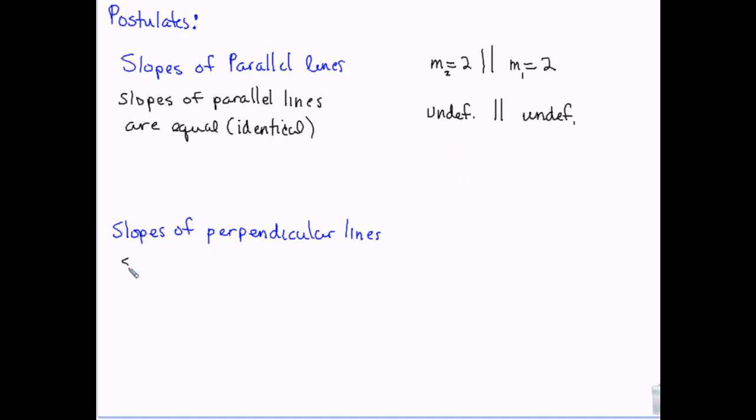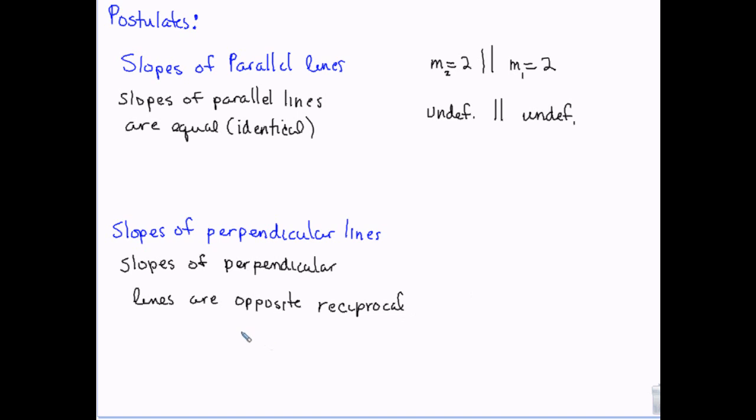If you have perpendicular lines, you have opposite reciprocals. An opposite reciprocal is opposite sign and upside down.